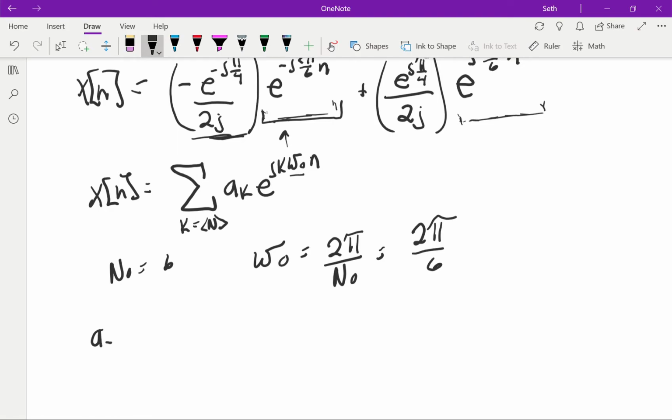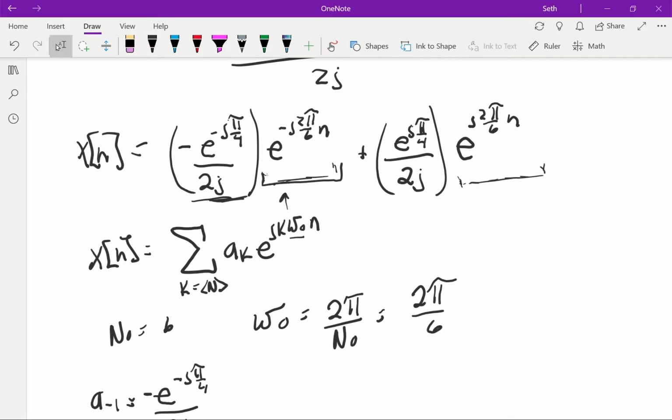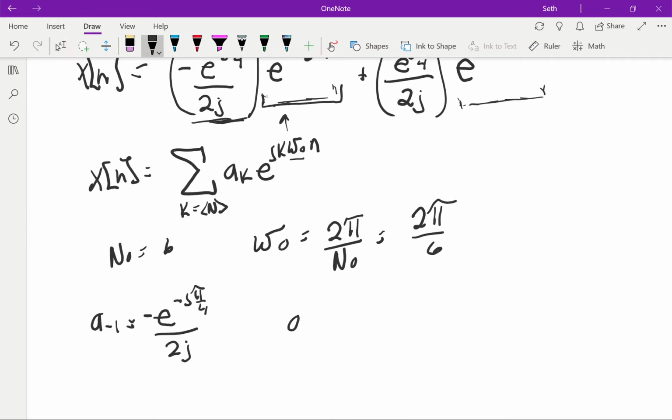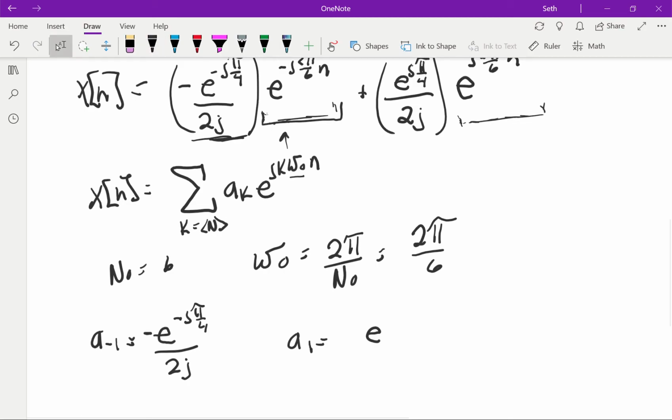So a minus 1 equals e to the minus j pi over 4, divided by 2j. And likewise, the value of k that's going to give us this is just 1. So that's the Fourier coefficient that corresponds to a1. So that's equal to e to the j pi over 4 divided by 2j.